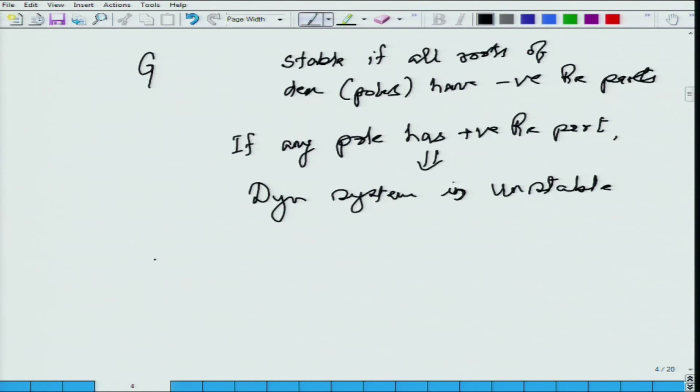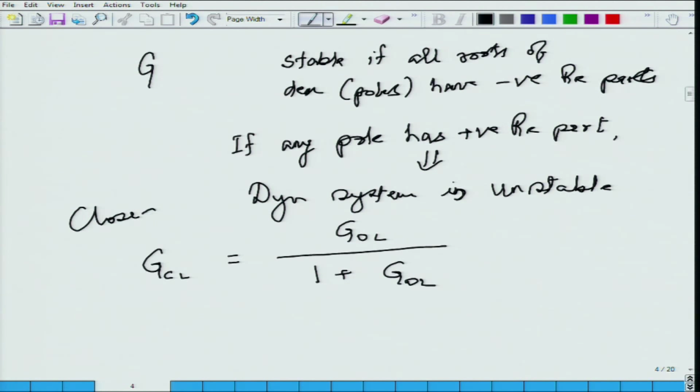Now, for closed loop systems, like I showed you, the closed loop system transfer function g closed loop is equal to the open loop transfer function divided by 1 plus g open loop. Now, if you look at g open, okay, fine.